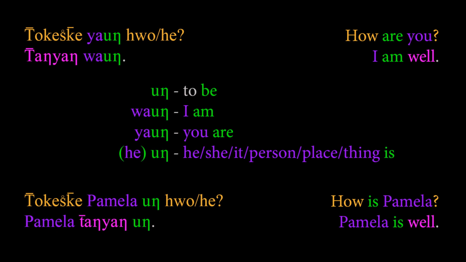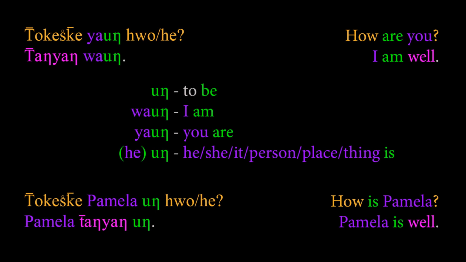Next word, ya-u, which means you are. Look at the ya, and look at the English side, you. They're both purple. Ya means you. Ya-u is 1 word, and as you can see, in English, you are is 2 words. Okay, the 4th word in the list, you see he-u.